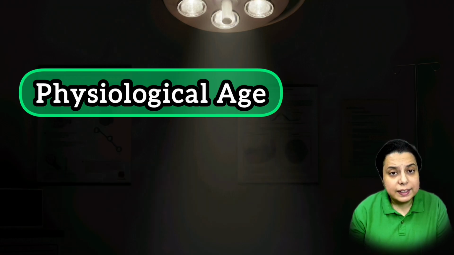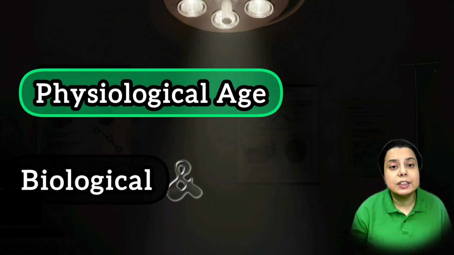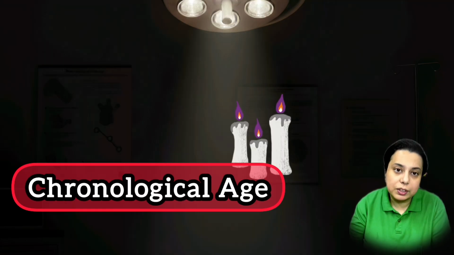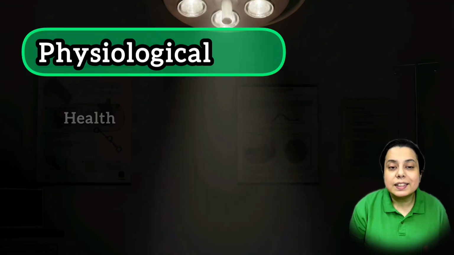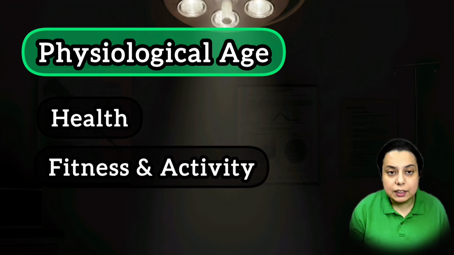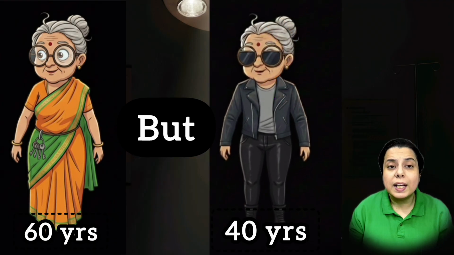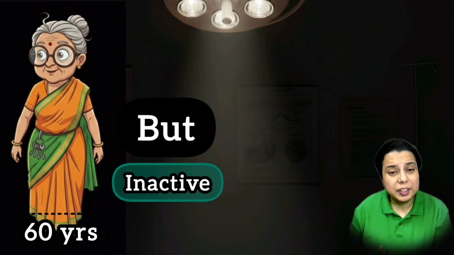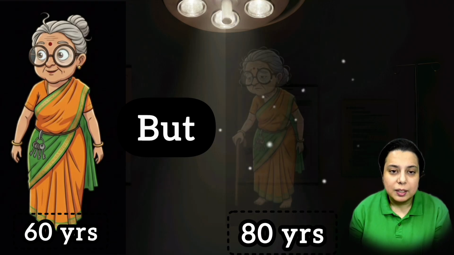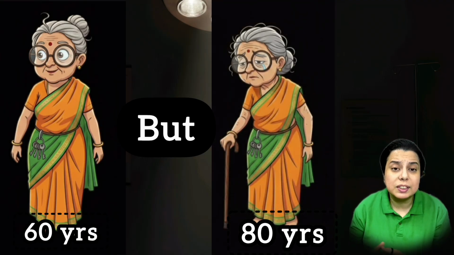So physiological age refers to the biological and functional condition of the person, not just how many candles are there on their cake, or the chronological age. It considers factors like health status, fitness level, and organ function also. So a 60-year-old in great health with an active lifestyle may have a physiological age of someone in their 40s, while a 60-year-old who is frail, has multiple health issues, or is largely immobile may have a physiological age closer to that of someone in their 70s or 80s.